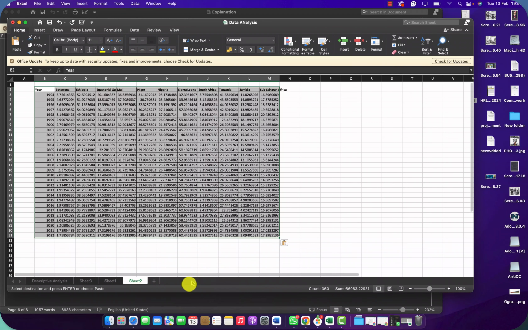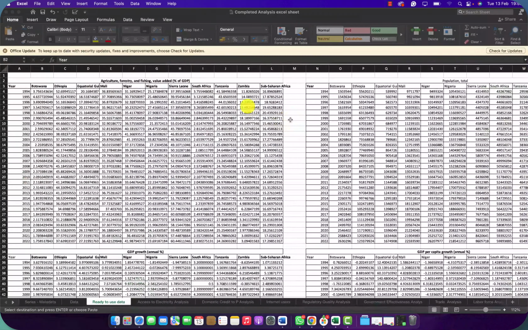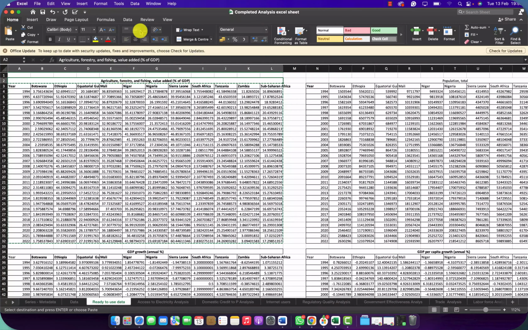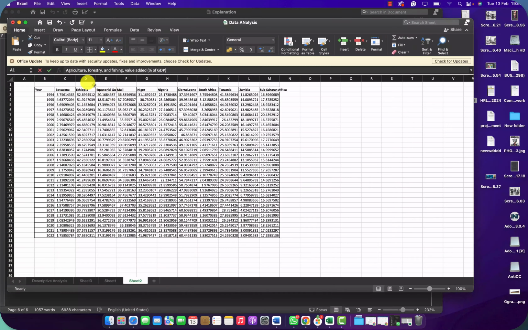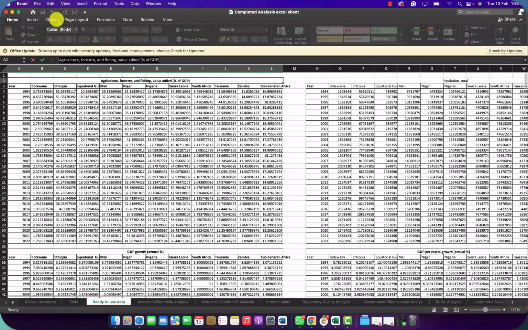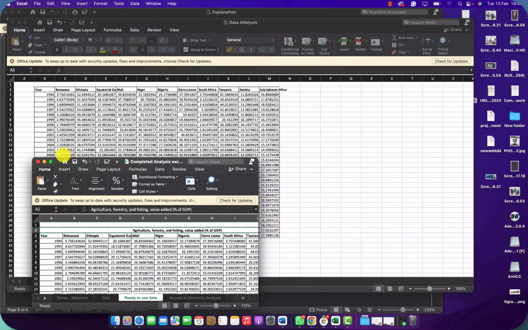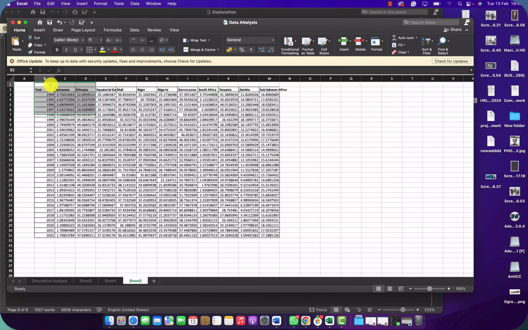So this is GDP. I believe the data I'm showing now should not be very new to you, the way I say I got it, because that is what we went through from the World Bank dataset. It is secondary data. So now this is data on agricultural, forestry, and fishing value added as a percentage of GDP.